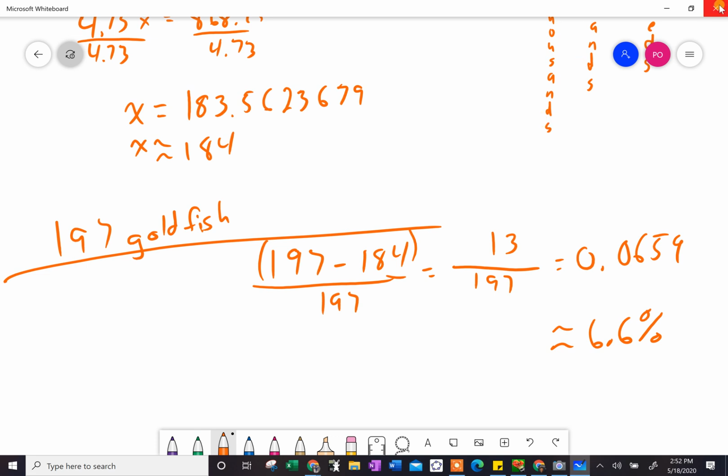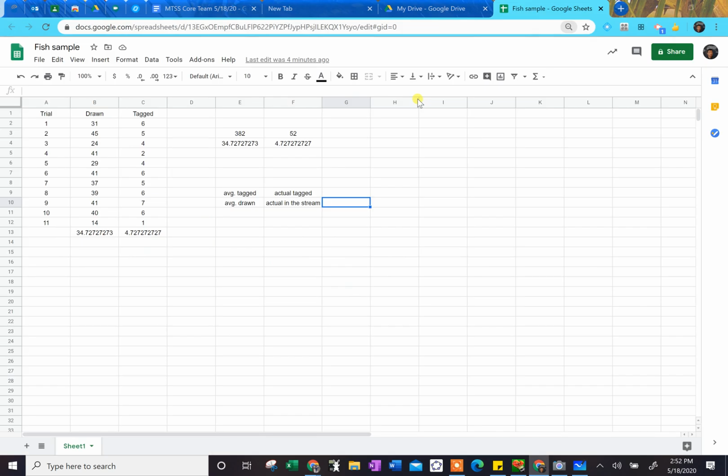So once again, I just want to go back through what I did. I tagged 25 fish. I put them back into the stream. I pulled out fish by buckets, counted them, counted how many were tagged. Did that 11 times.